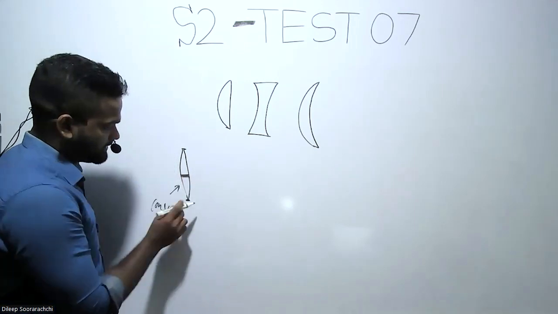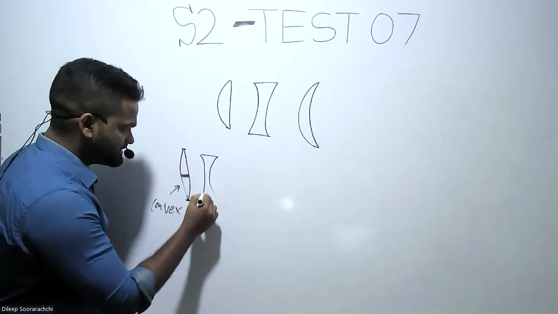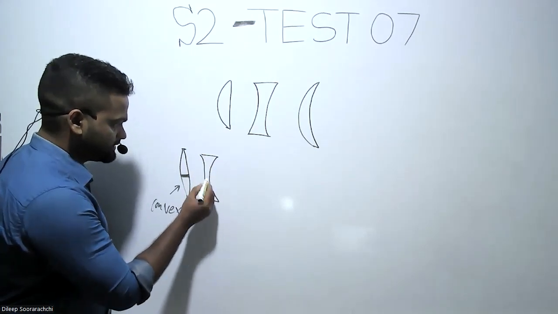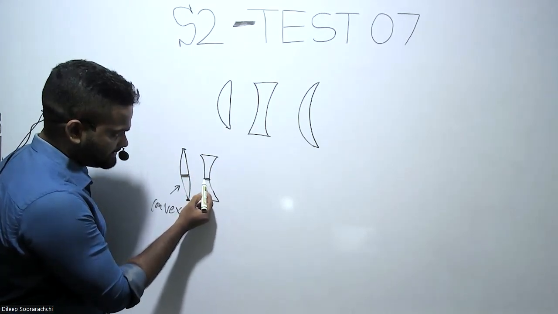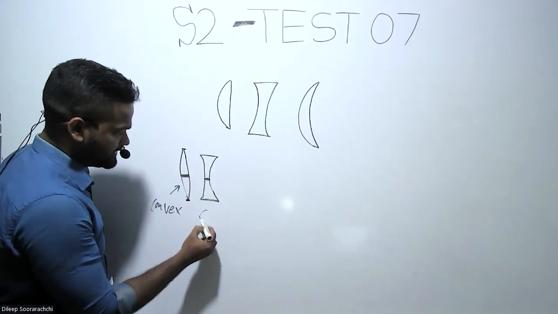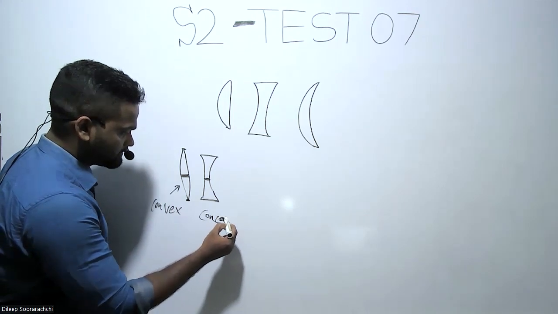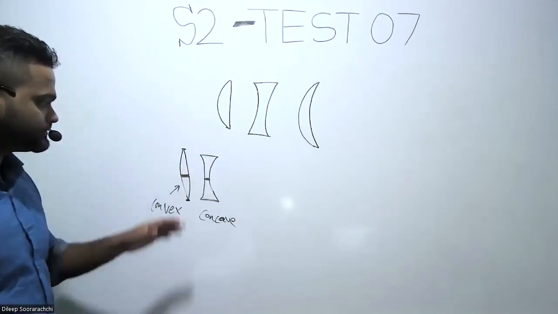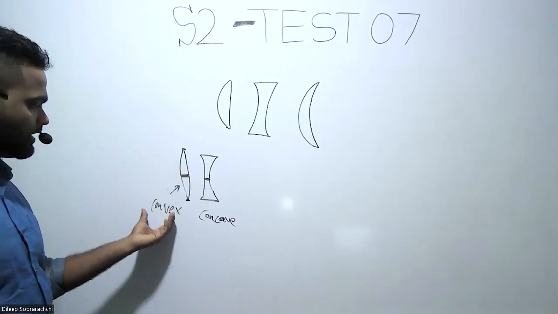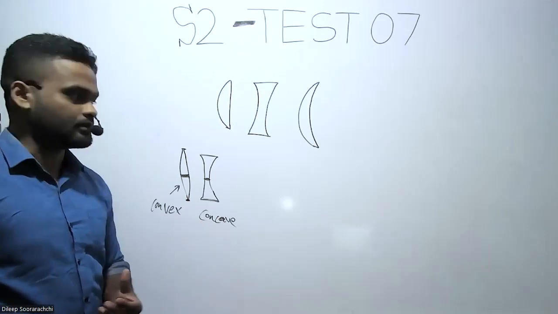So you can see that if the middle is thinner, see here, middle is thinner, edges are thicker, so these types of lens we call concave lenses. It could be any shape. That is the key, how you can identify whether a lens is convex or concave.